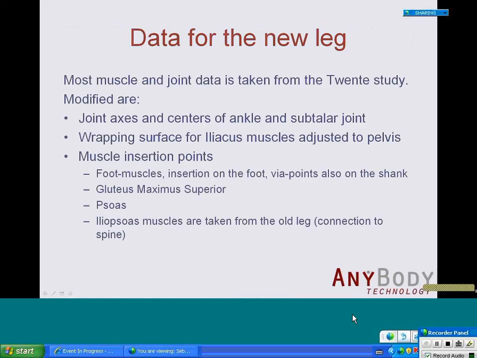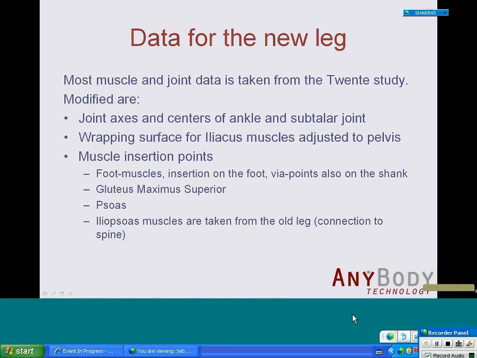There were also some changes at the gluteus maximus superior muscles and on the psoas muscles. Basically, all the muscles connecting the new extremity model with the spine were taken from the old leg in order to have a model consistent with the whole upper body of our old model.